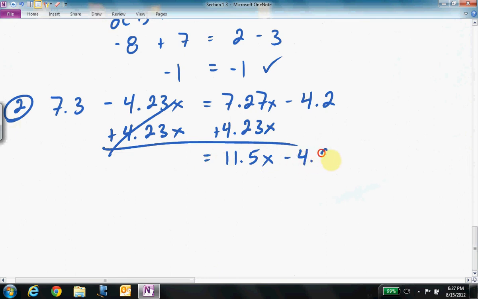minus 4.2. What's left on the left side of the equation? It's just 7.3. So since I brought the variable from the left to the right, I now have to bring a constant from the right to the left.